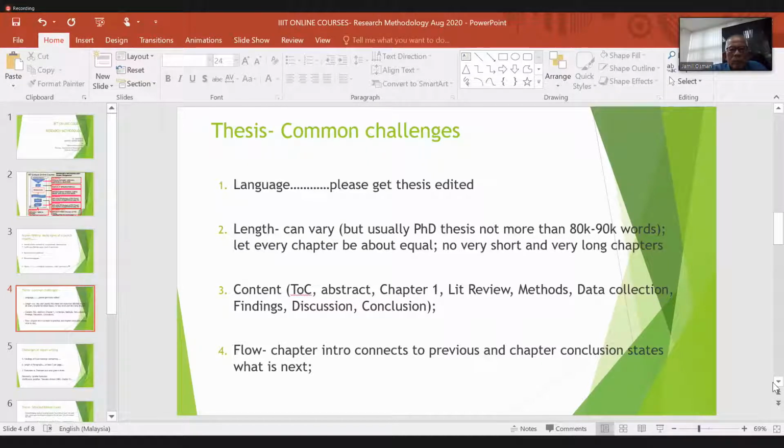On the other hand, theses that are not exceptionally good from an idea point of view, but once written in excellent English, go up the ranking. Yeah? So please, very important, language. Make sure if you are not yourself able to ensure that the language is good, get the thesis edited.